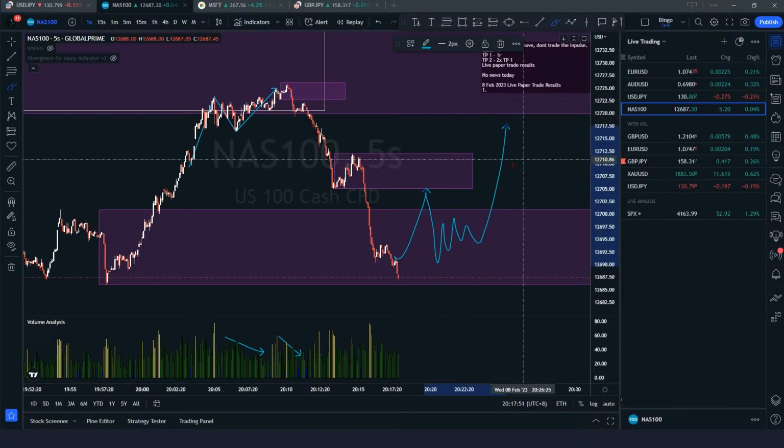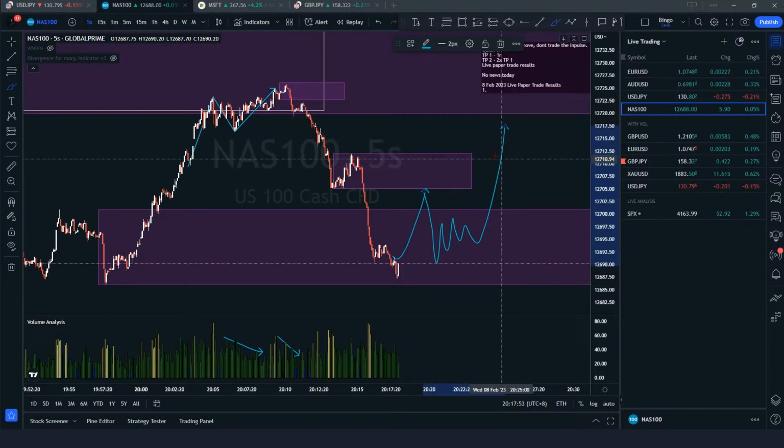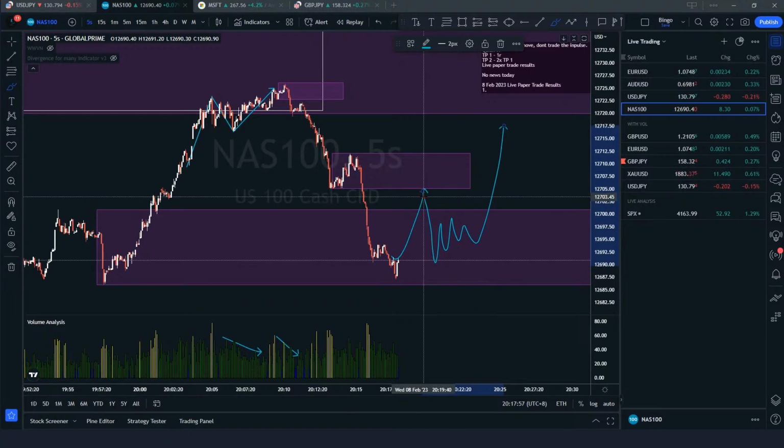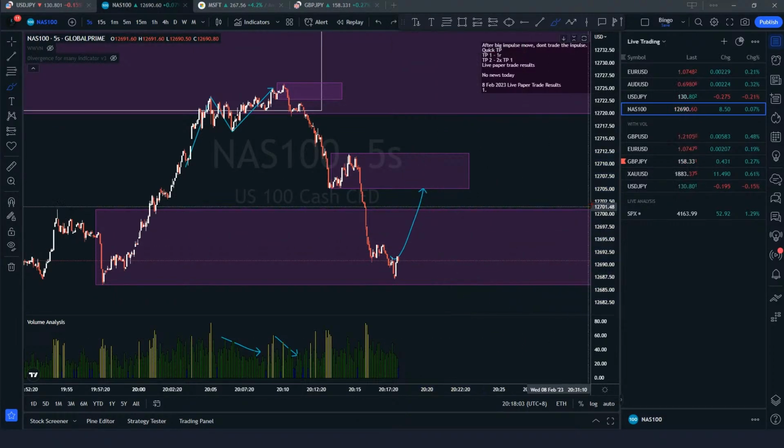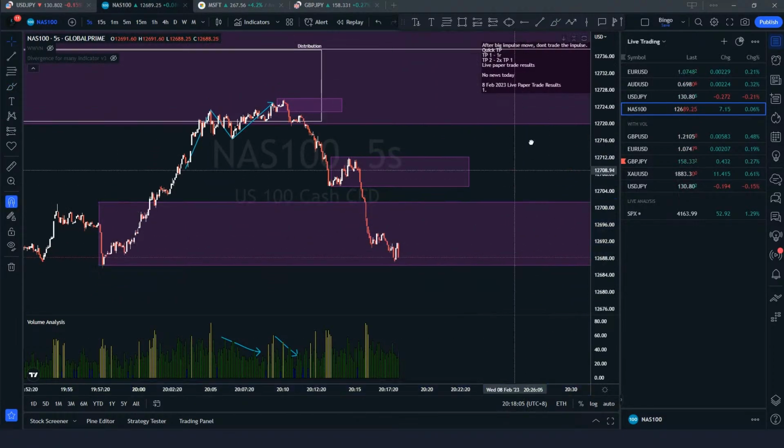So this is the first scenario. The second scenario is of course price, after mitigating this area, goes straight down, right?